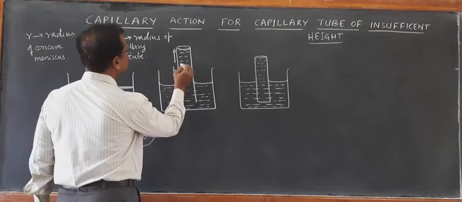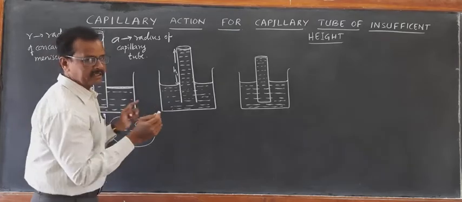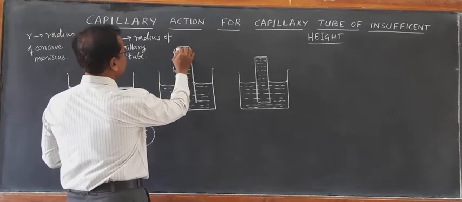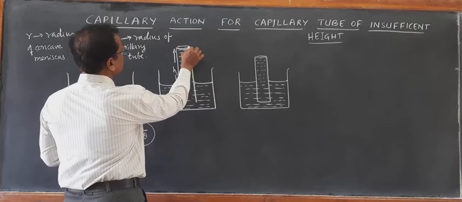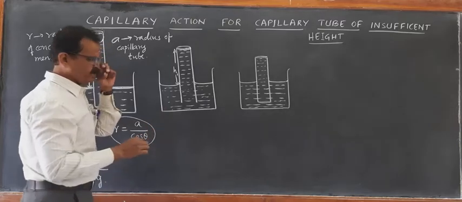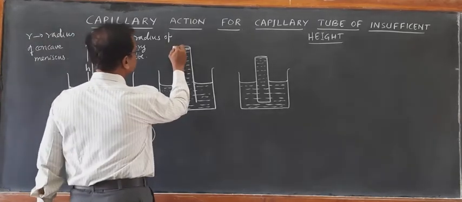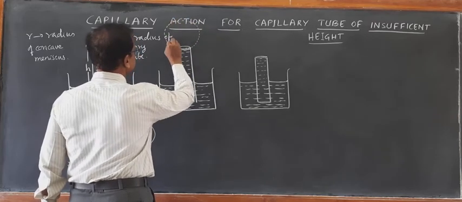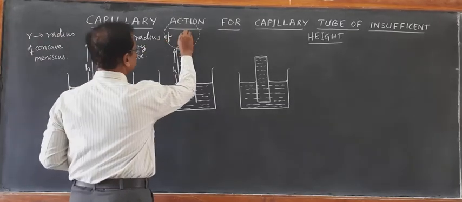The water level goes on searching for the height h, but that height is not available, so it goes up to the brim. Here it will form a curvature. Again, if you draw the complete sphere of this curvature, the sphere will be of larger radius compared to this one.